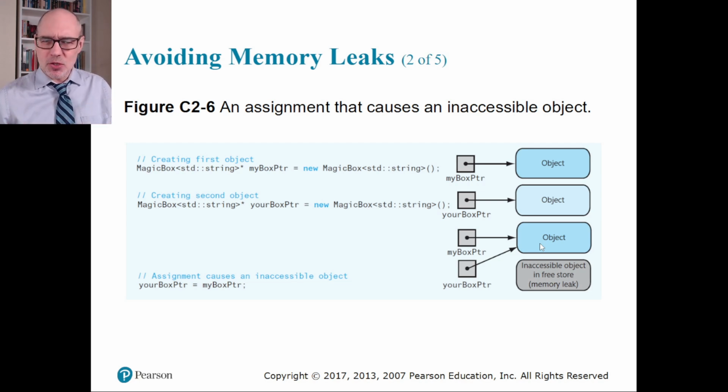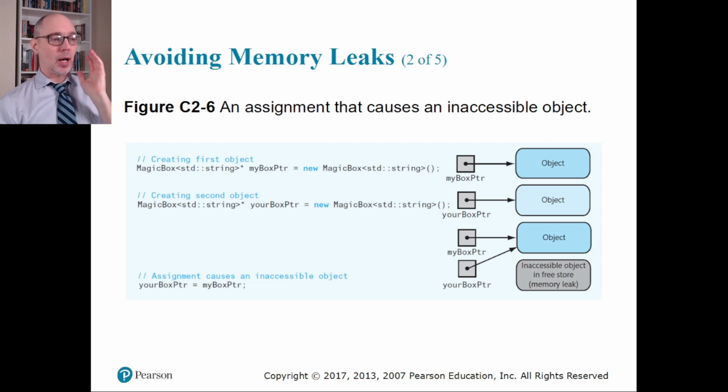And there's a lot of reasons why you need that. Like different parts of the code might need to access a particular object in different contexts. I mean, you might need multiple pointers to do that. But again, the problem is you just overwrote what's in yourBoxPointer. And so remember that second light blue object is still sitting permanently on the free store. And now you have no way to access it, and you have no way to tell the system to recycle it with a delete statement.